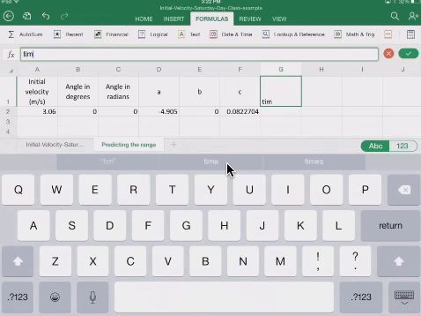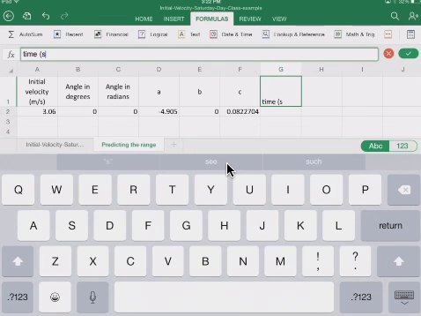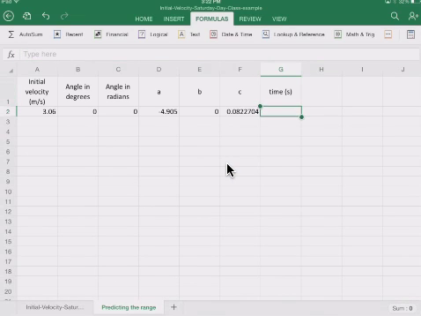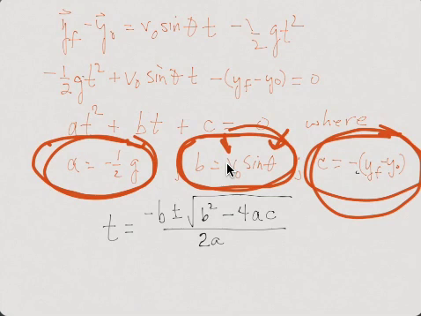So I'm just going to put in time, and we know that this is going to be in seconds. And our time of flight is just going to be this equation down here at the bottom, this formula: negative b plus or minus the square root of b squared minus 4ac, divided by 2a.